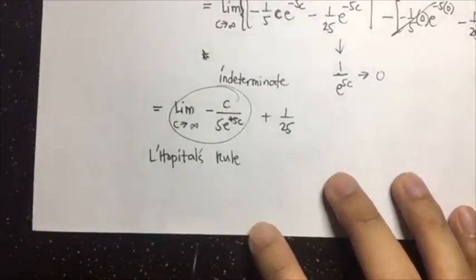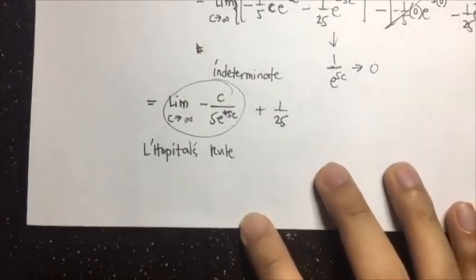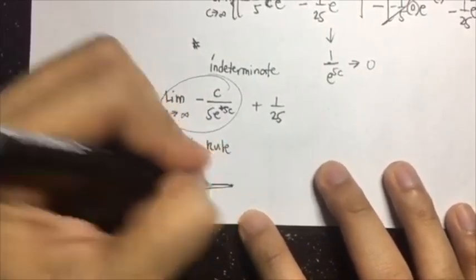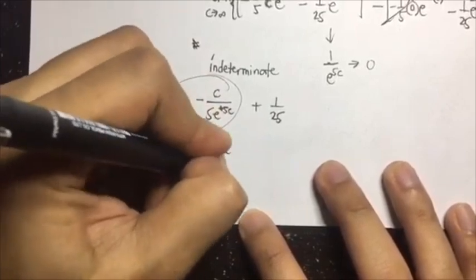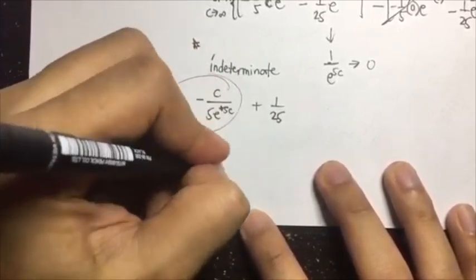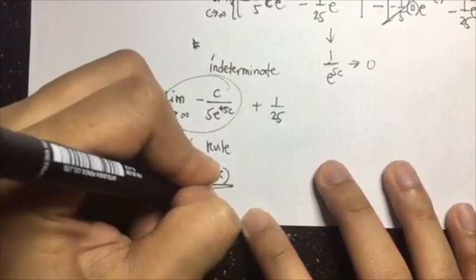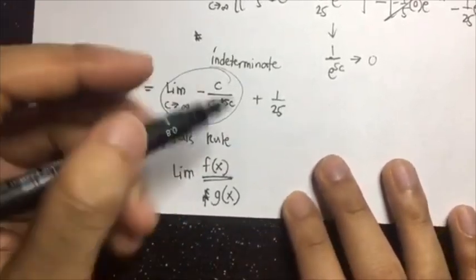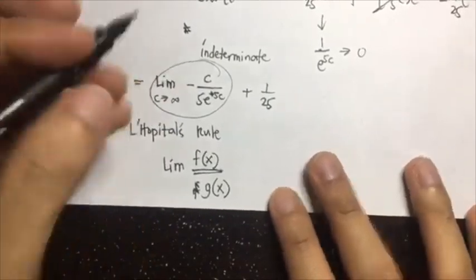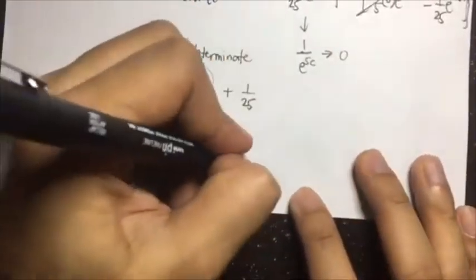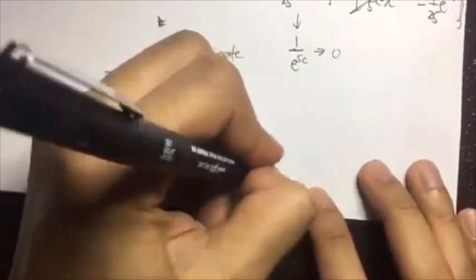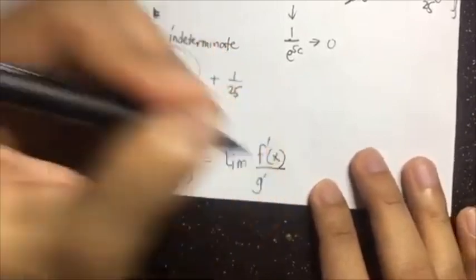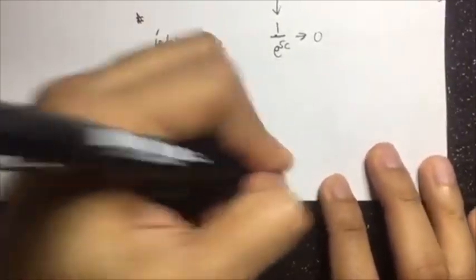L'Hopital's rule says that the limit of, say for example, f of x over g of x as x approaches whatever limit, is equal to the limit of f prime of x over g prime of x.